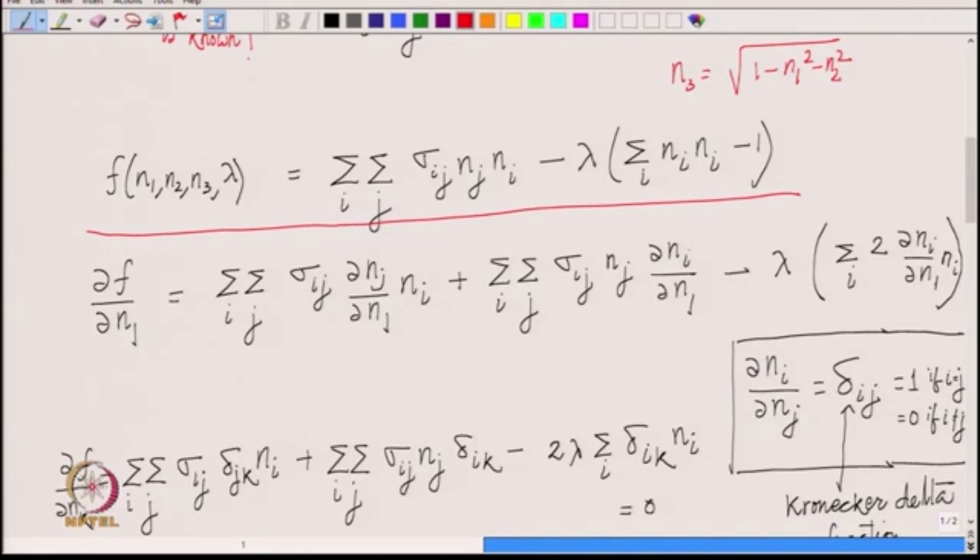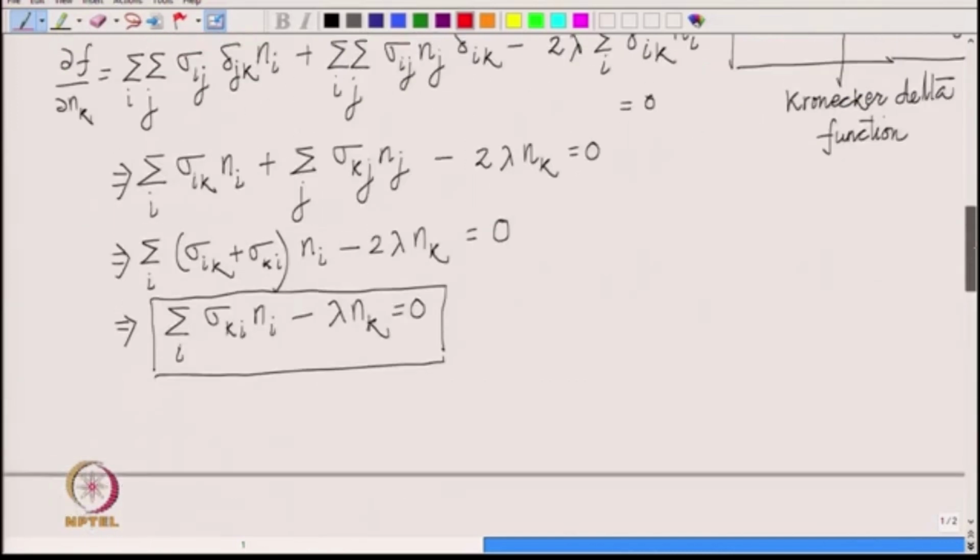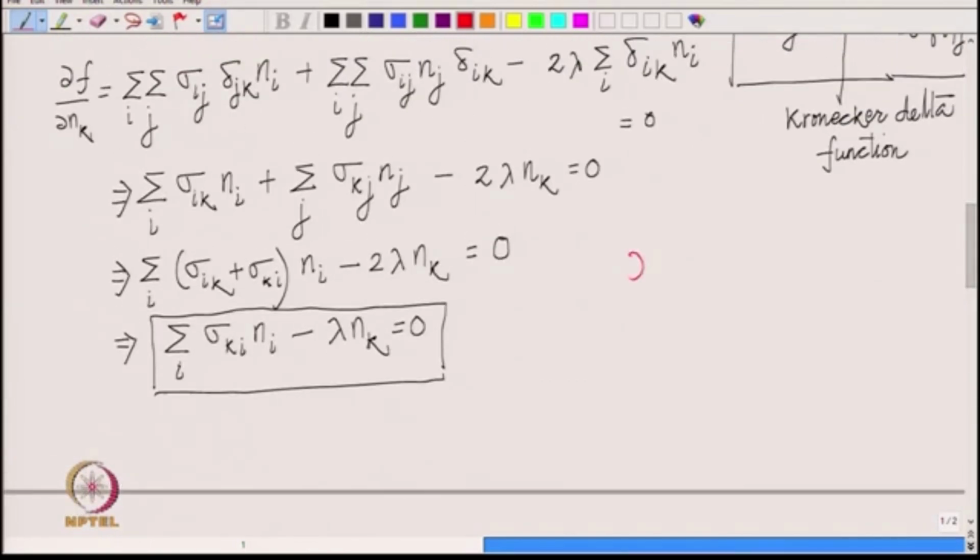Del f by del lambda equal to 0 simply gives you that constraint, that summation over i n_i is equal to 1. So, del f by del lambda then gives you summation over i of n_i minus 1 equal to 0.